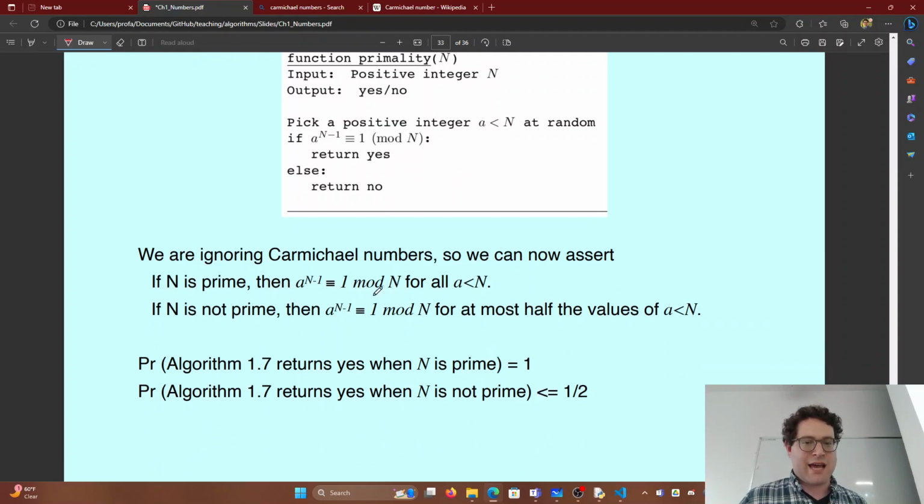the idea here is that if we ignore our Carmichael numbers for now, if n is prime, then we know that a to the n minus 1 is congruent to 1, by Fermat's little theorem. If it's not prime, then this test will be true only for at most half of the values of a, where a is less than n.